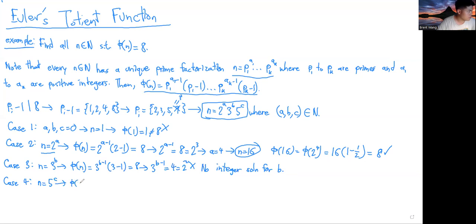Phi of n is equal to, using the totient function, 5 to the c minus 1 times 5 minus 1, which is 8. 5 minus 1 is 4, so dividing both sides by 4, you get 5 to the c minus 1 is equal to 2. Again, no integer solutions exist for c. Okay, so case 5.